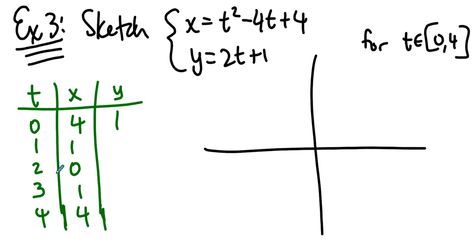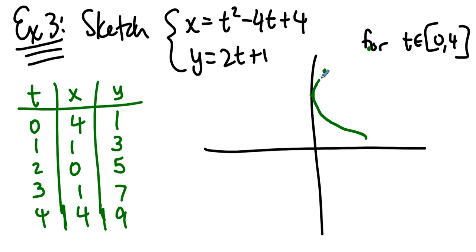And 2 times 0 plus 1, 2 times 1 plus 1, 2 times 2 plus 1, and so on, generates the y values. And so we end up with 4, 1, 1, 3, 0, 5, 1, 7, 4, 9.